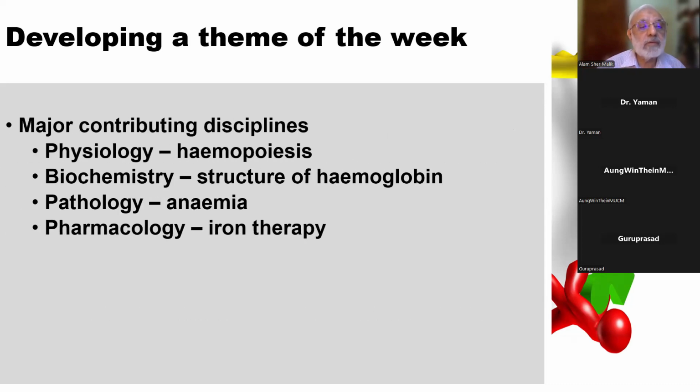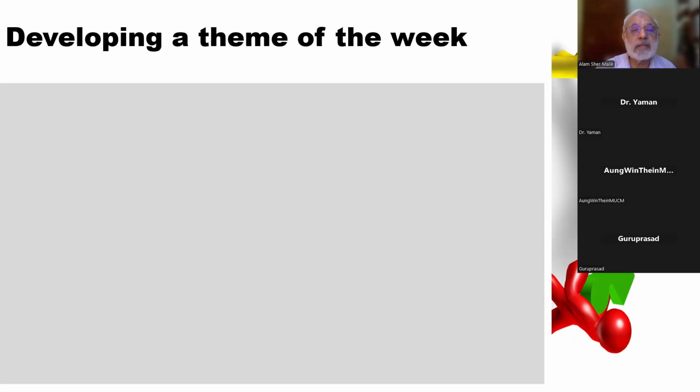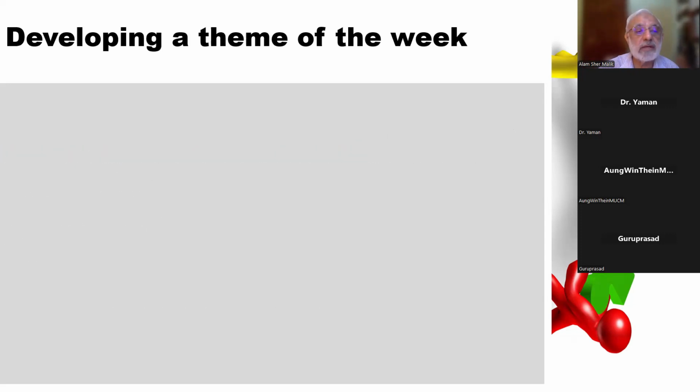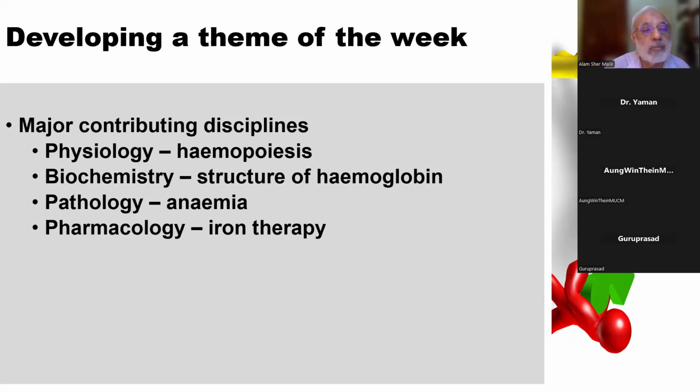Now we find out that, for example, physiology wants to teach hemopoiesis, biochemistry wants to teach the structure of hemoglobin, pathology wants to teach anemia, and pharmacology wants to teach iron therapy. Because this is a modular system and the module here is hemopoietic, hematology, and lymphoid, each discipline has to identify the topics related to that module.